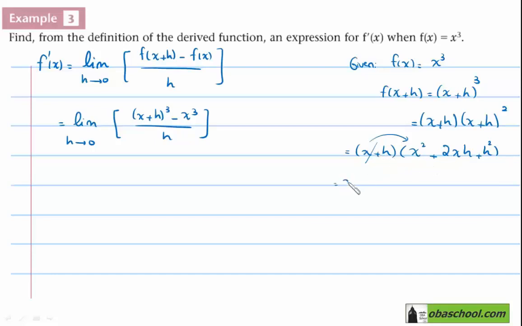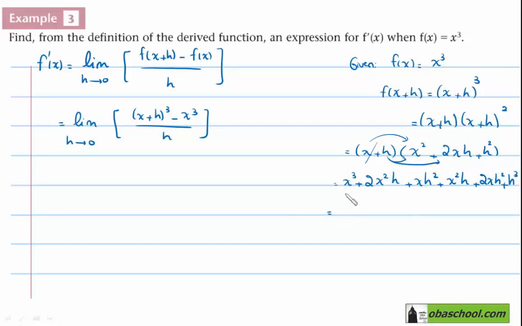Then x multiplied by x squared is x cubed, plus x multiplied by 2xh is 2x squared h. x multiplied by h squared is xh squared. Now h multiplied by x squared is plus x squared h, plus h multiplied by 2xh is 2xh squared, plus h multiplied by h squared is h cubed.